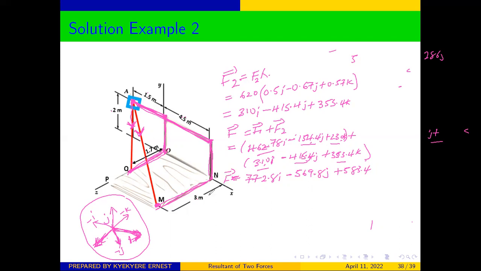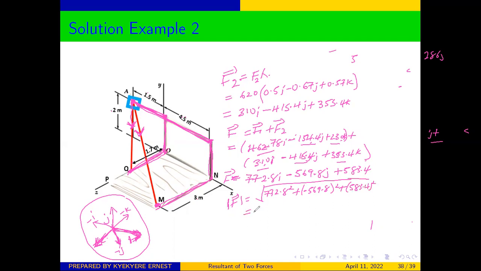But the question was telling us to get the magnitude. So the magnitude of our F will be equal to the square root of 772.8 squared plus negative 569.8 squared plus the last one squared, which is 583.4 squared.